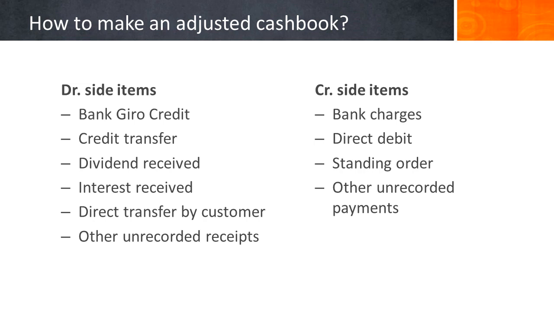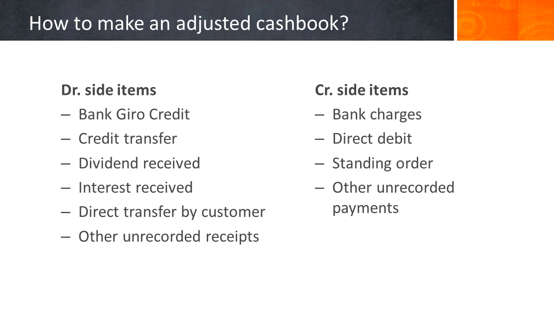Then comes another item which is recorded on the debit side of the adjusted cash book, that is again discovered through the bank statement. That is something which is called a direct transfer by the customer into the bank account. Sometimes customers make payments directly through the bank account through a pay-in slip without intimating the business that they have deposited the money.